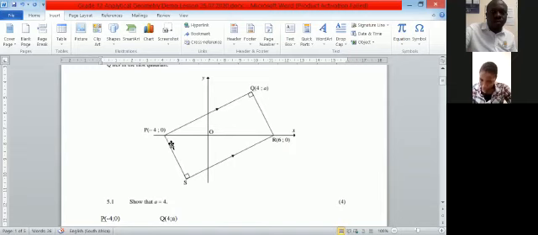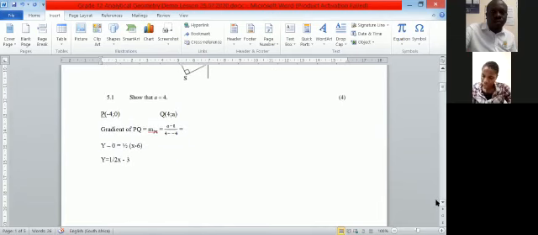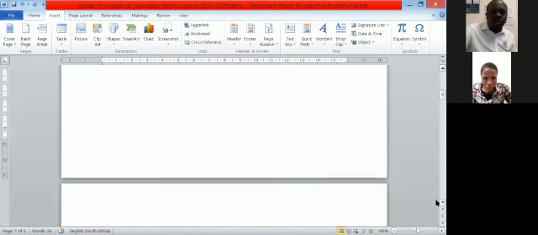Then the equation of PS. Remember again, we are going to take the gradient of QR. The gradient of QR, you remember? Let's check again.